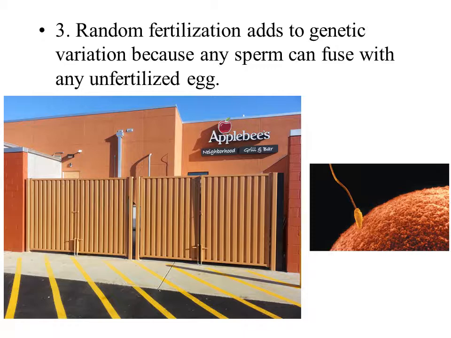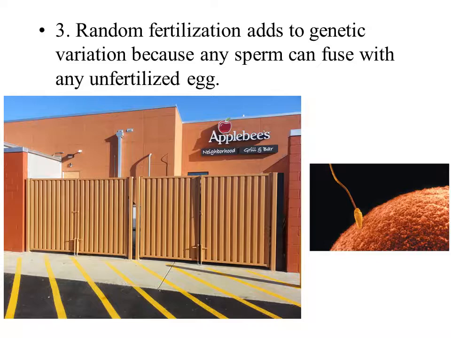The third and final thing we'll discuss that created such a wonderful human being is random fertilization. In our country, any sperm can fertilize any unfertilized egg. In other countries, it's not so cut and dry. You have arranged marriages.